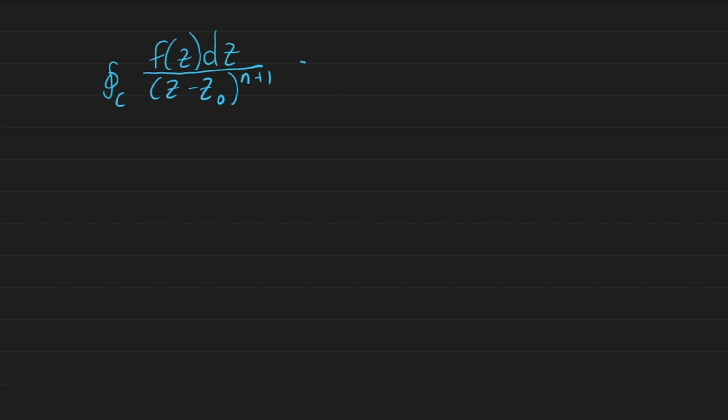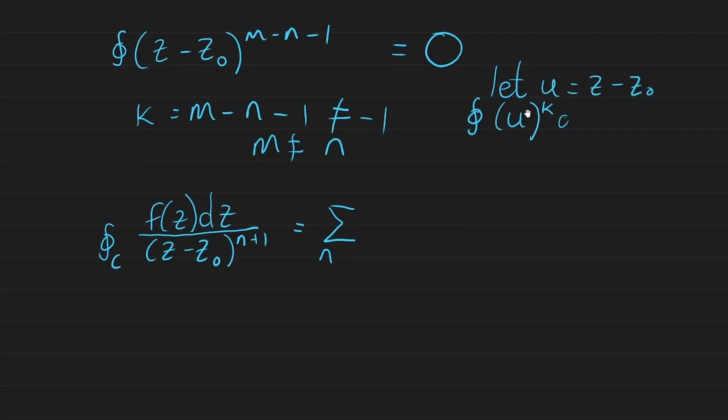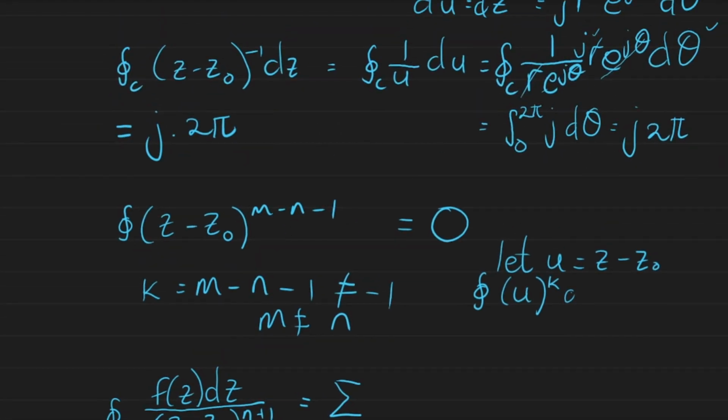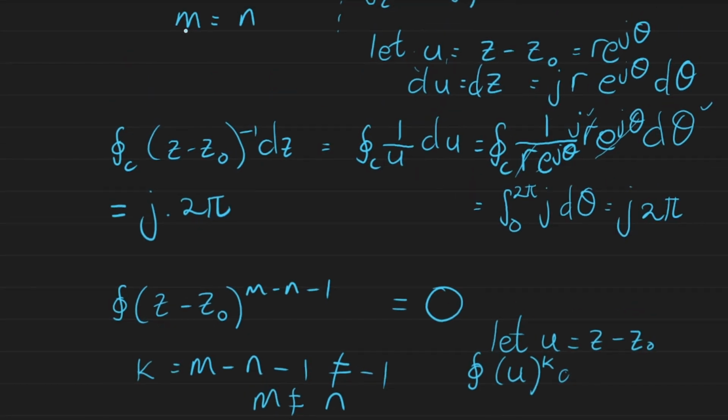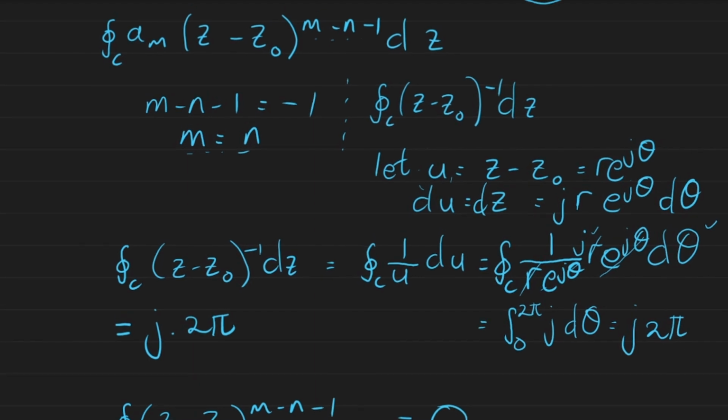This is now equal to our integral around this closed curve. Sorry, we had interchanged the sum and this integral. So we have the sum over m and n, and now we see from our results here that we are only considering the scenario where m is equal to n, which gives us this value j2 pi.